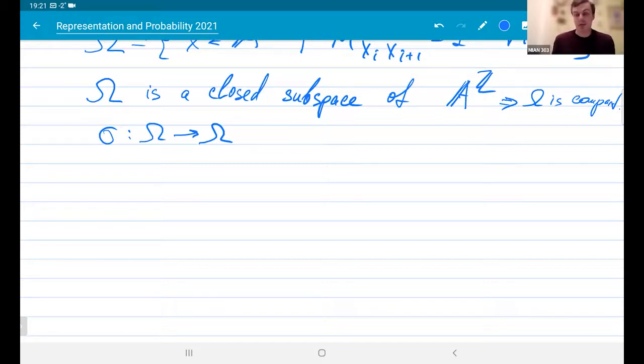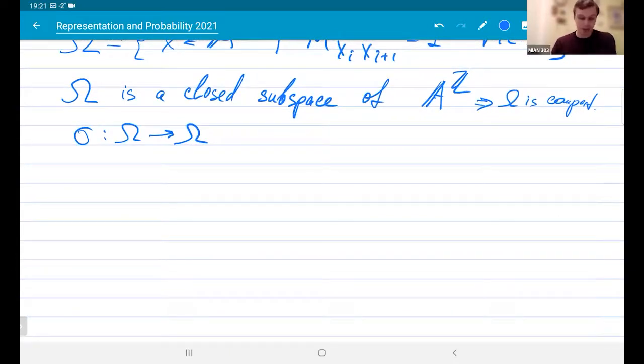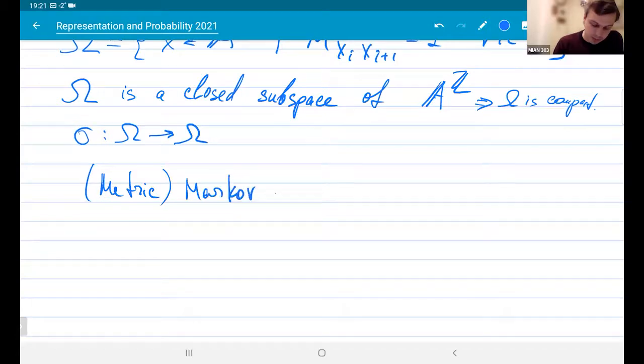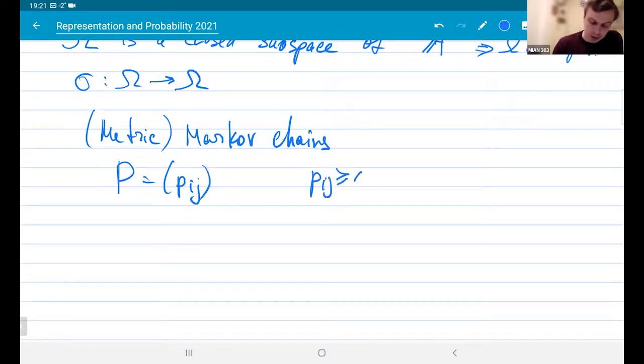In fact, there are many of them, but we can construct one particular kind of them. Just let's say Markov chain. This is the following. We now take the matrix P, which is pi_ij, with the usual properties such that all pi_ij are non-negative and the sum of pi_ij over j equals 1. This is a transition probability matrix.